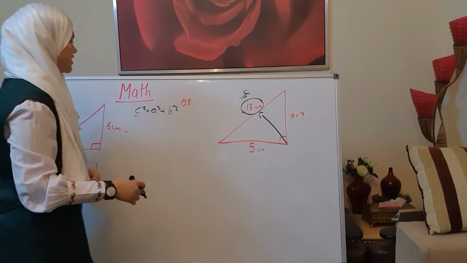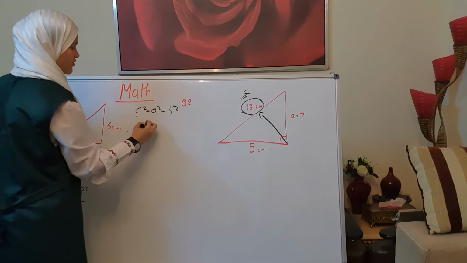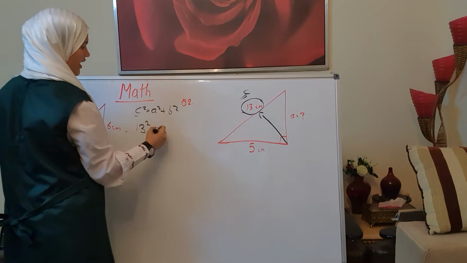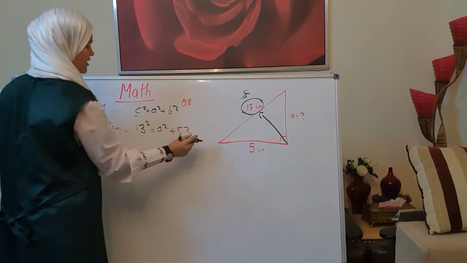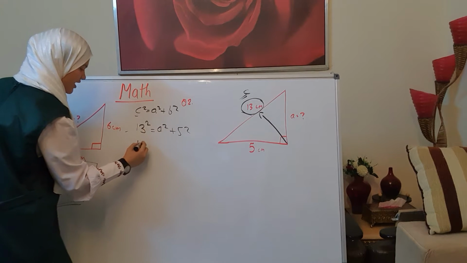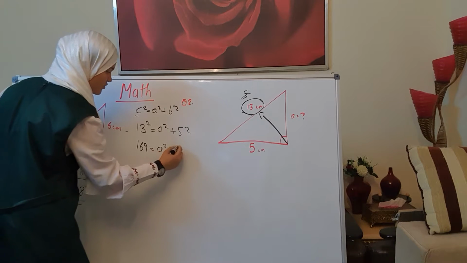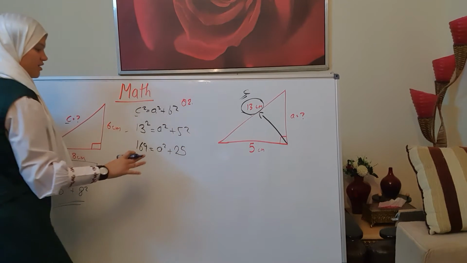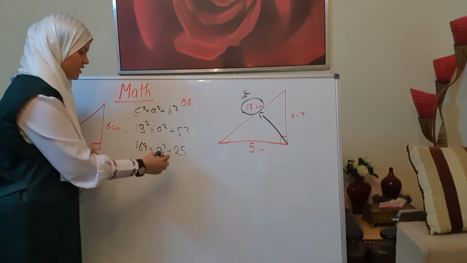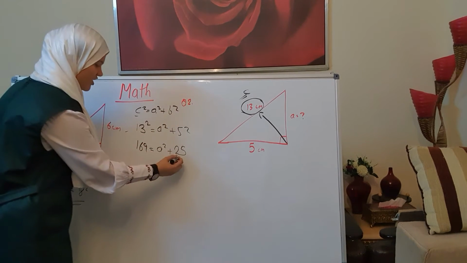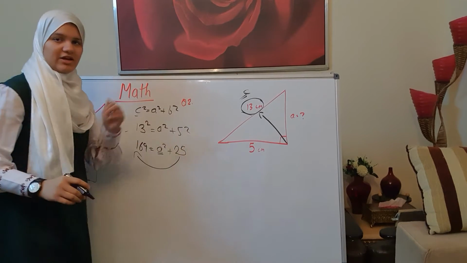Because the side opposite the right angle is always the hypotenuse, or the c. Okay, so now we have c squared, that means 13 squared is equal to a squared, which we don't know, plus 5 squared. Now it will be 169 is equal to a squared plus 25. After that, how can we solve it? We'll shift 25 to the other side and a squared will be alone.